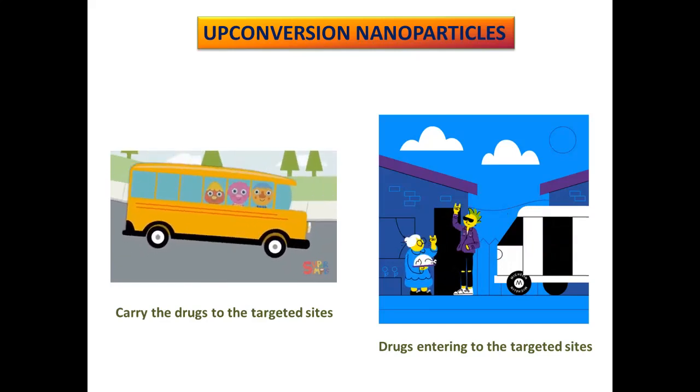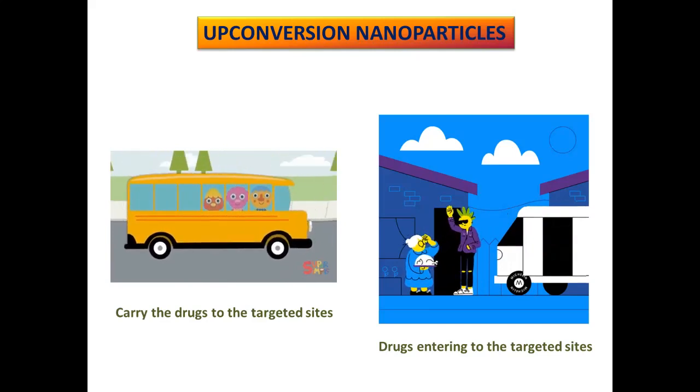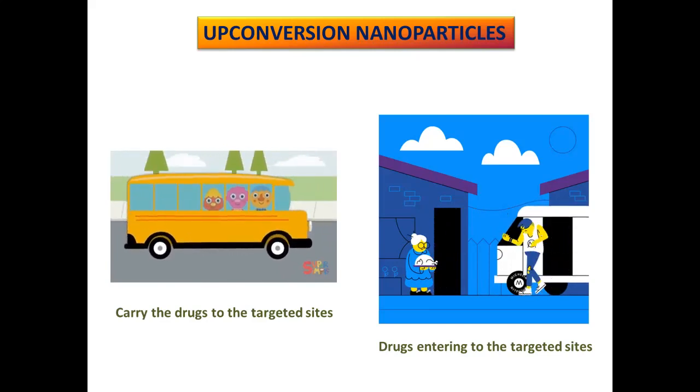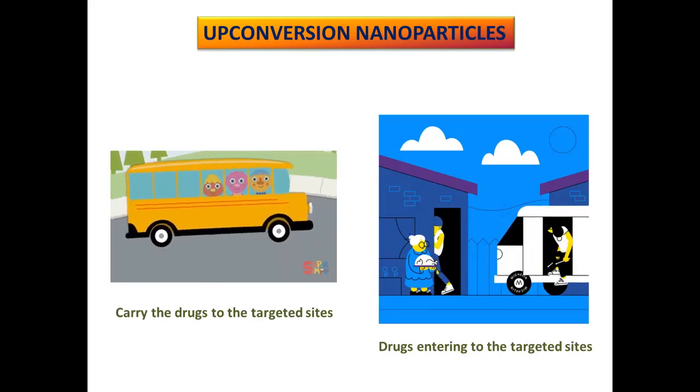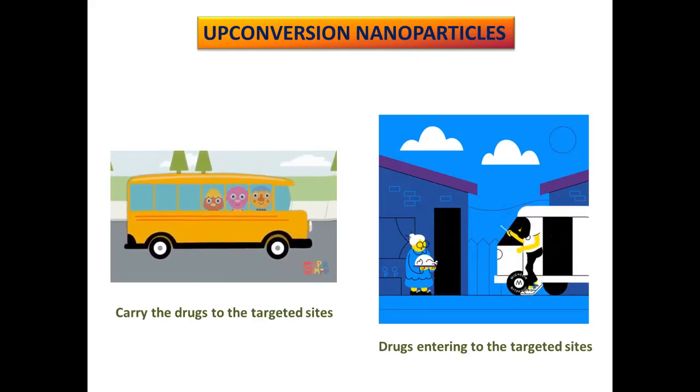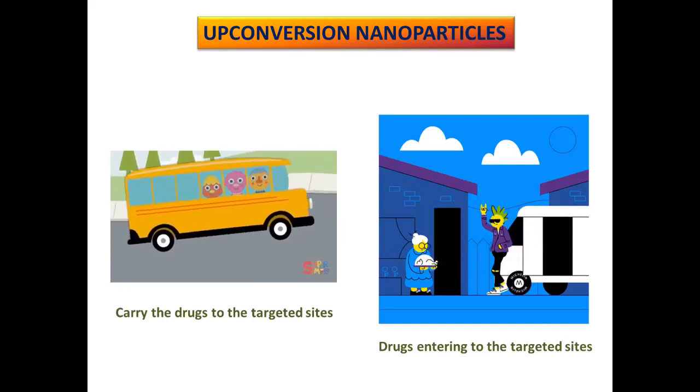What exactly the upconversion nanoparticles do here is they have been investigated to allow deeper penetrating near infrared light, which is in the range of 800 nanometer to 980 nanometer, to be used for photodynamic therapy.